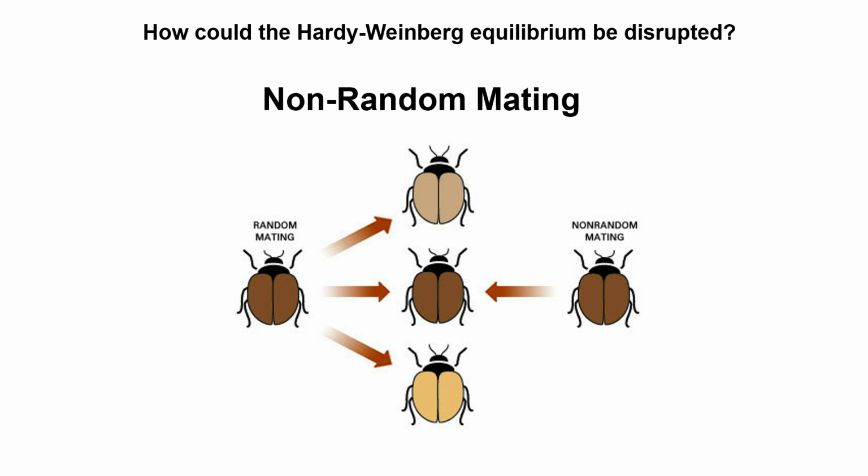In non-random mating, or sexual selection, the beetle is preferential to certain phenotypes in the other beetle. In this case, one of the other brown beetles prefers to mate with the brown beetle as opposed to the light brown or cream colored beetle.